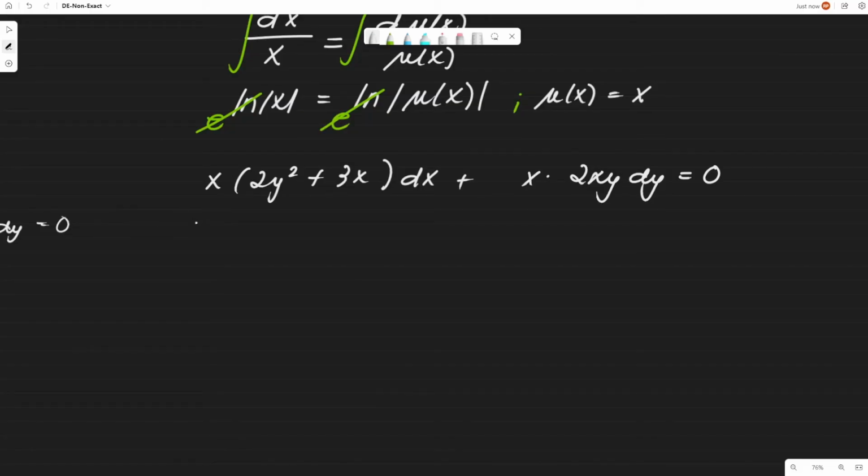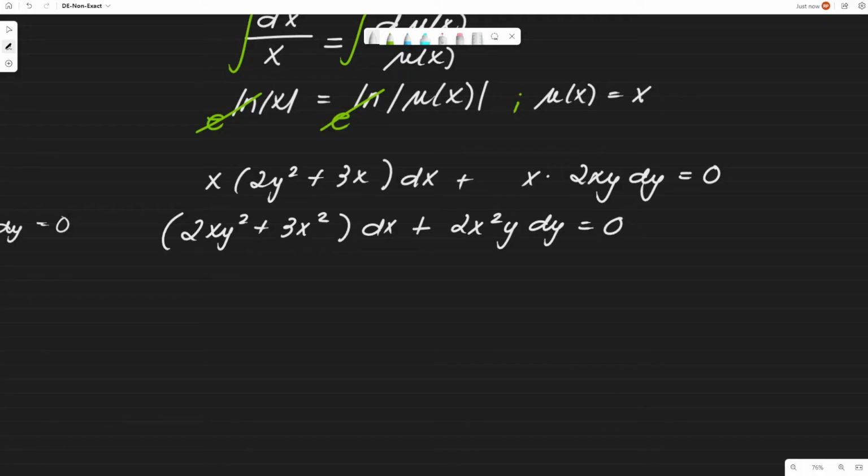So we have 2xy squared plus 3x squared, this is our new M, plus 2x squared y dy is equal to 0.